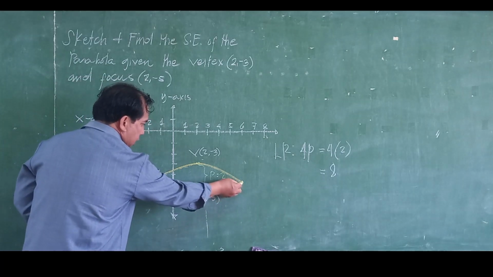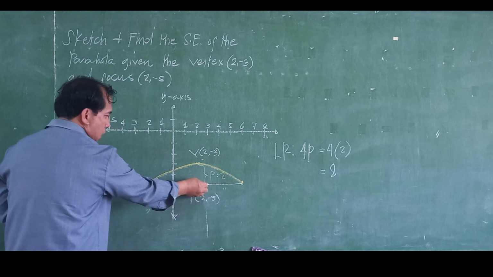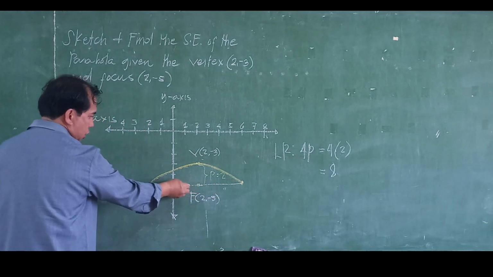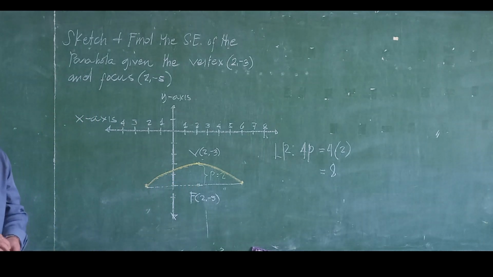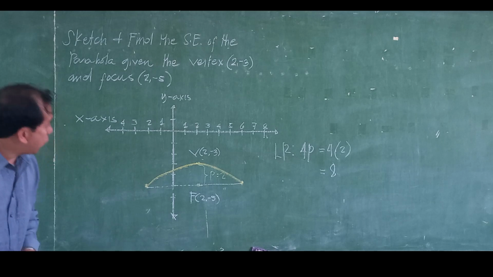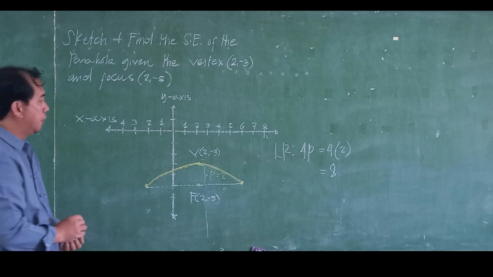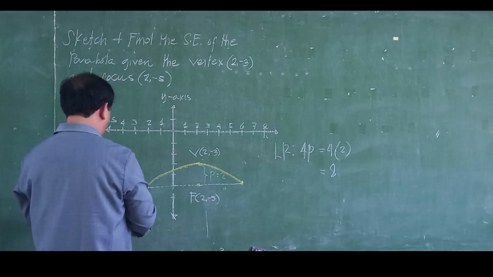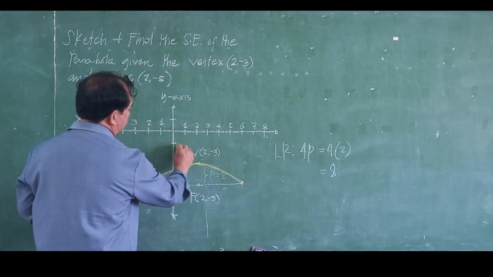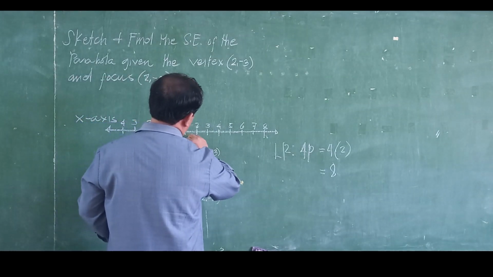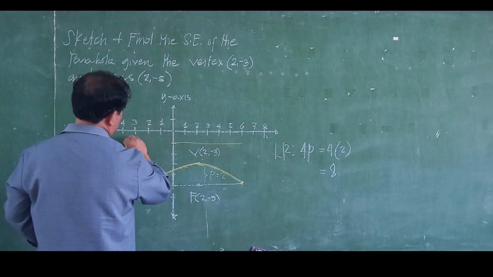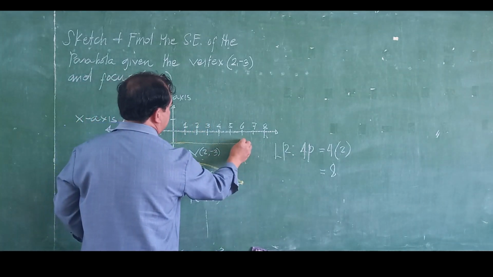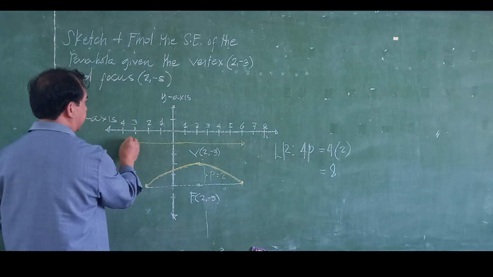So we have the latus rectum, or the focal chord. What about the directrix? Directrix, y is negative 1. So meaning, our latus rectum is in here.